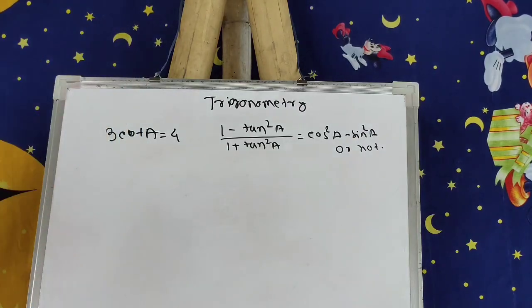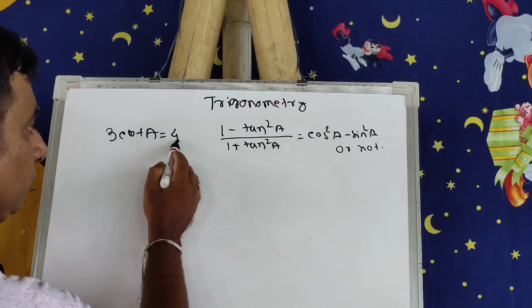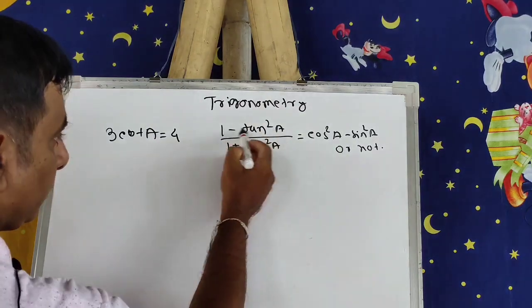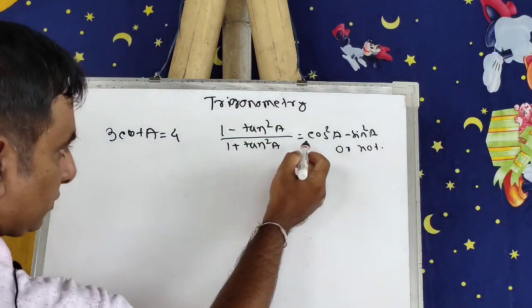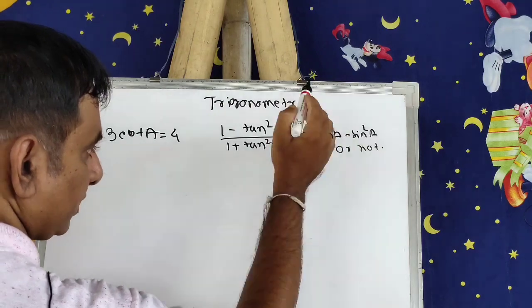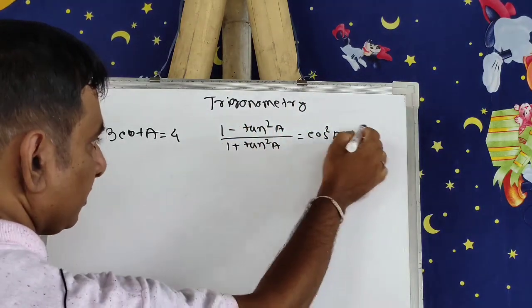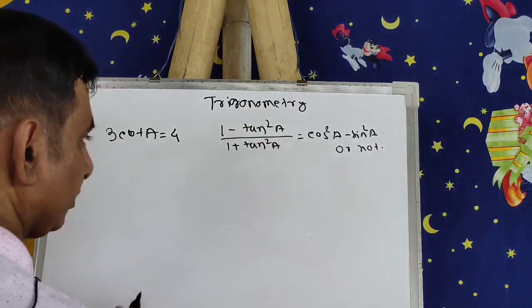So the question gives 3 cot A equal to 4. You need to check whether (1 minus tan square A) by (1 plus tan square A) equals cos square A minus sin square A. Is this statement fulfilled or not? You need to check on that.